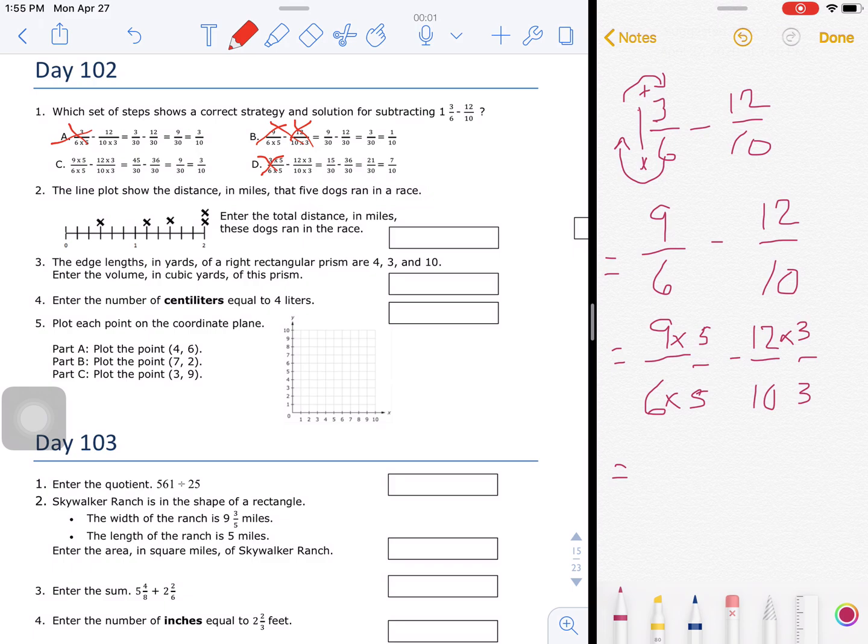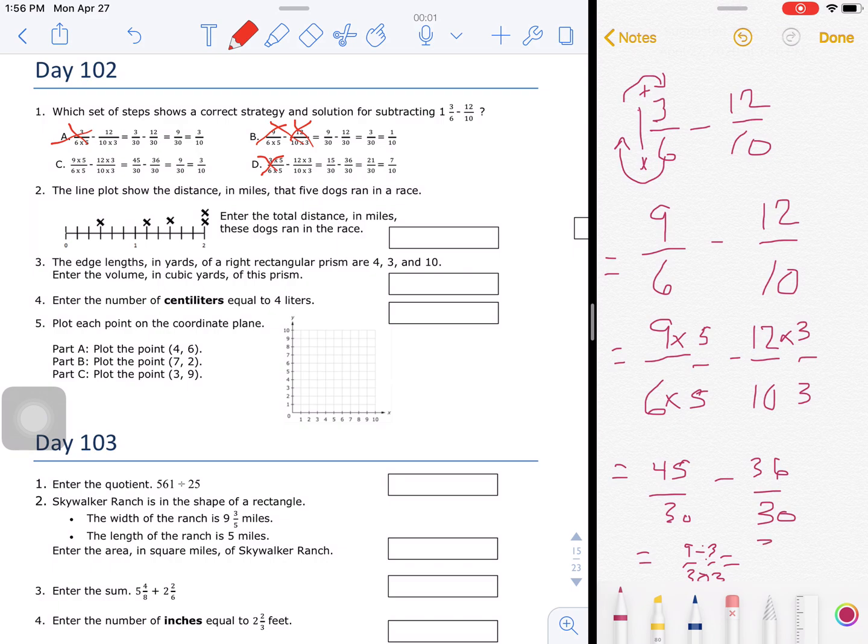So we would see that this would be 45/30 minus 36/30, which would be equal to 9/30, which can be simplified if I divide it by 3/3.